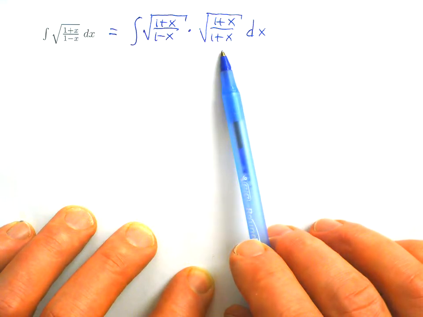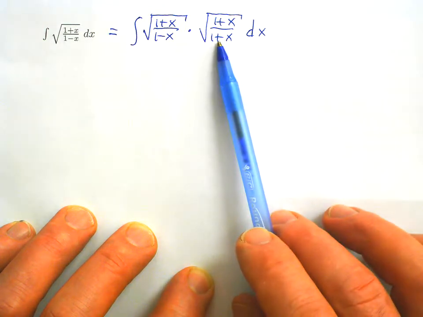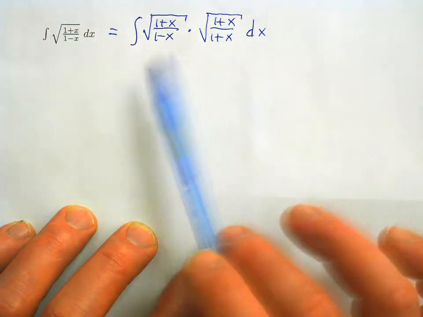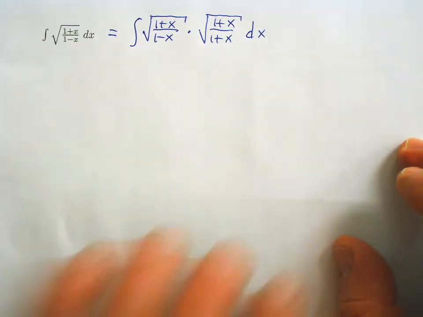So for values of x that are not equal to negative 1, the square root of (1 plus x) over (1 plus x) is equal to 1. So we're just multiplying by 1, which doesn't change the value.